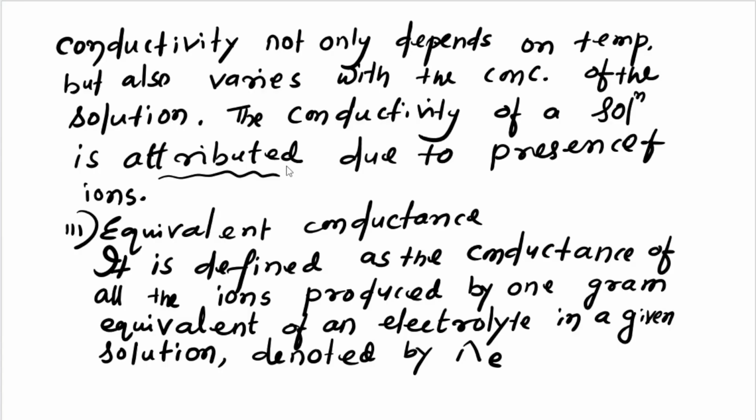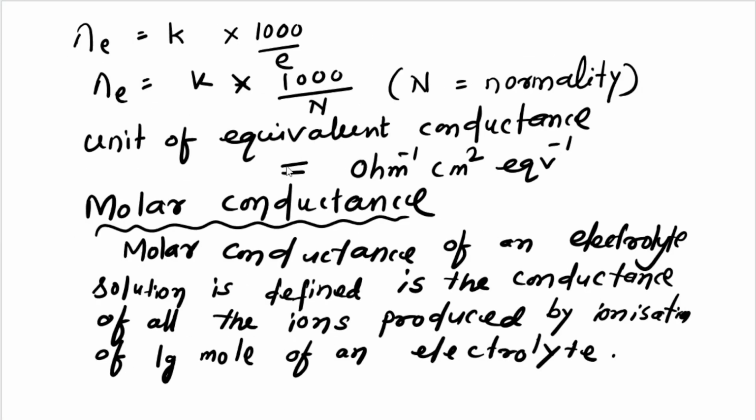According to the calculation, the conductance of the ions produced by 1 gram equivalent of the electrolyte in a given solution is denoted by lambda E. The equivalent conductance equals kappa into 1000 by E. E means equivalent weight, so instead of E you can put N, where N means normality.